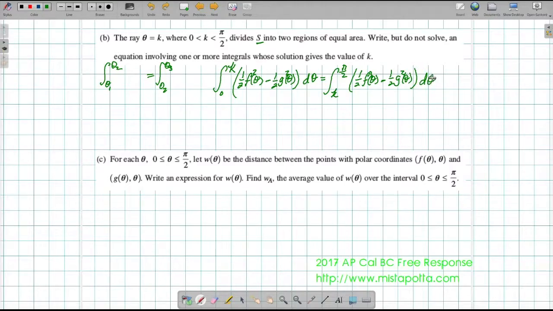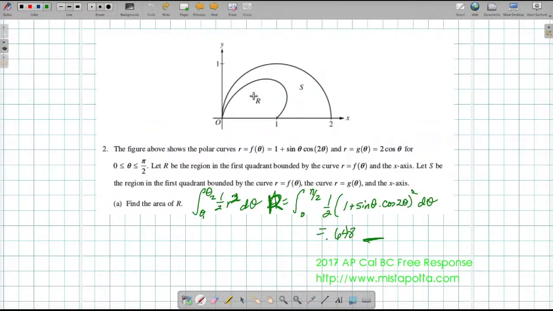Again, the idea here is that because I want the two regions to be of equal area, I want to make sure that they're equal to each other. And if I take a look back at my diagram, I'm looking for some ray where the area over here equals the area over here.